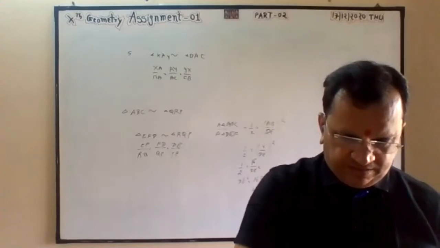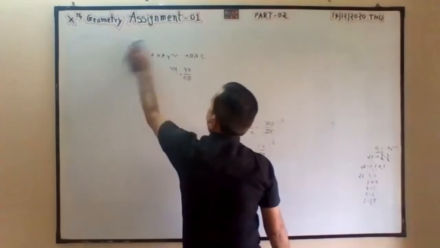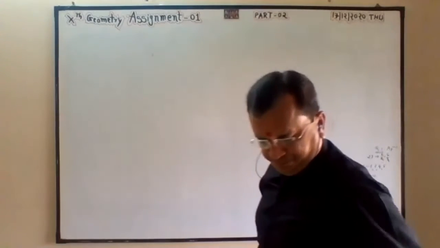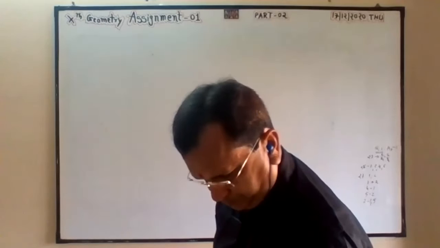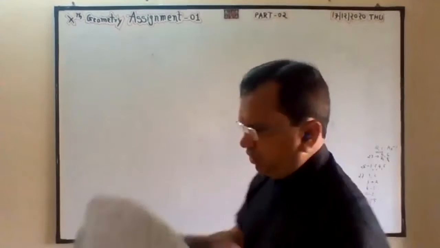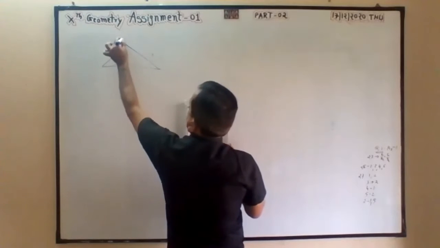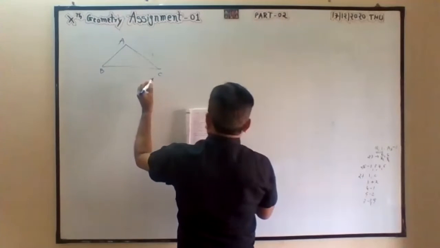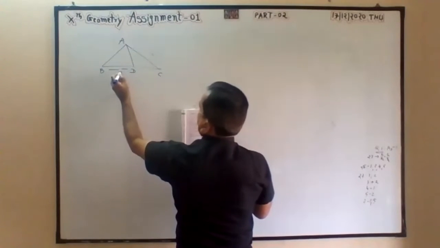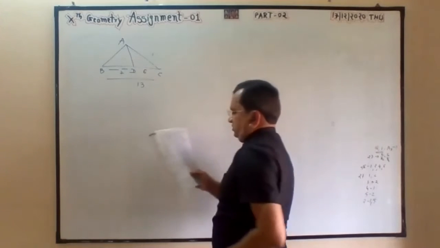Now a very important question. These are MCQs, so I have not written the method. ABC. This much is 7, this much is 13, so this much is 6.